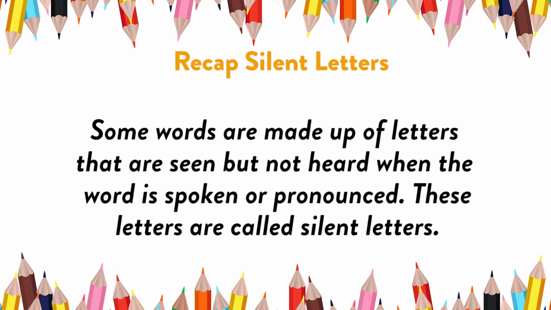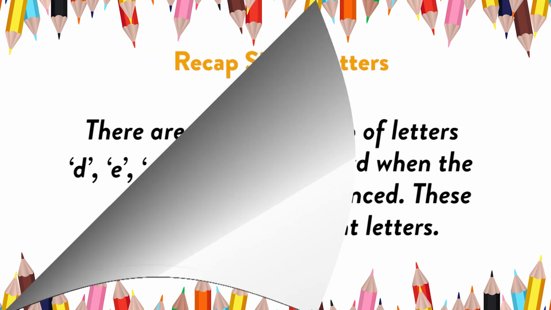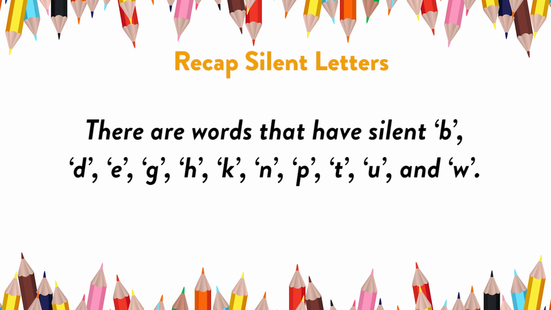These letters that you see but you do not hear the sound which they originally produce are called silent letters. There are words that have silent letters such as B, D, E, G, H, K, N, P, T, U, and W.